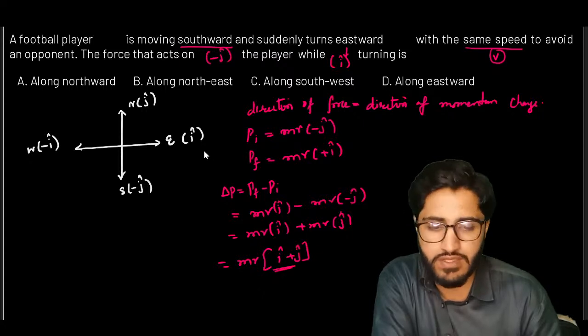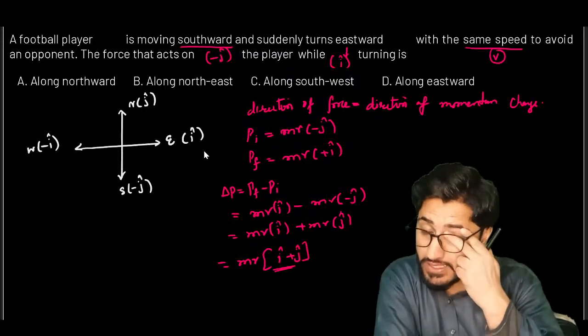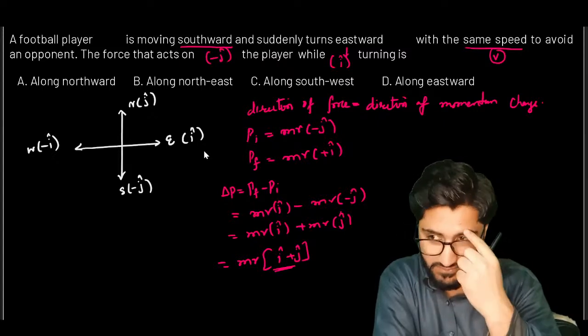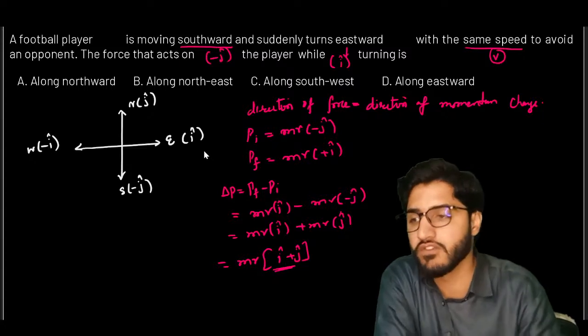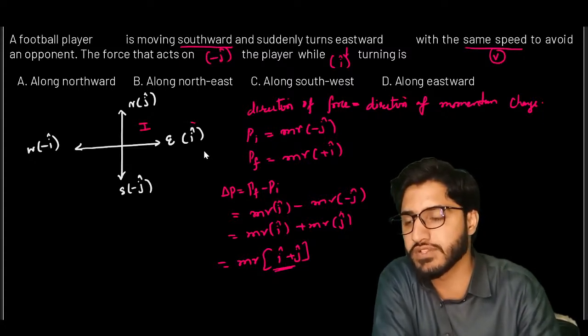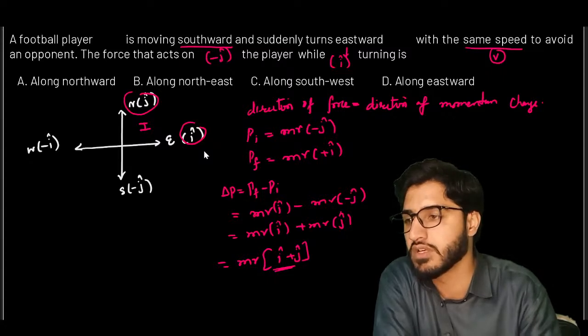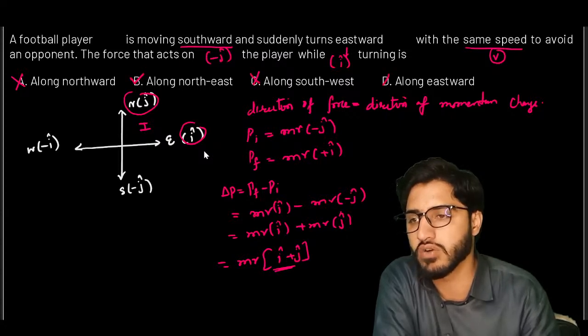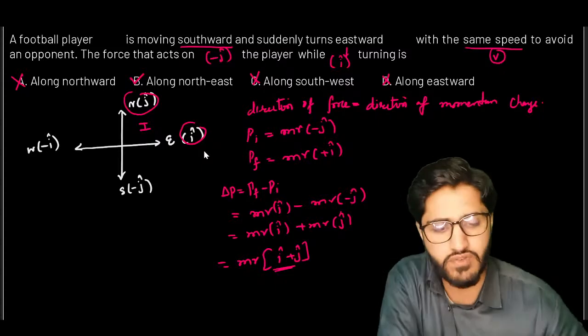What is I plus j? It is the first quadrant region, right? That means east, north. Northward, no, wrong. Northeast, yes, it's correct. Southwest, wrong. I guess it is northeast, right? We can do it like this.